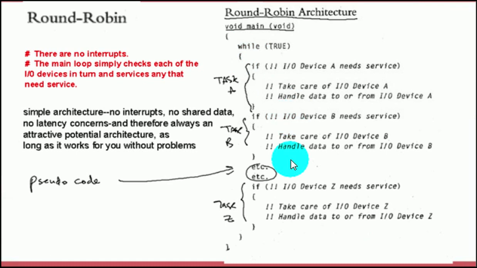This is the main loop, while true in general C, or in Arduino you can say loop, and simply it will go on and on forever. So this is an infinite loop, and we have 3 tasks: task A, task B, task C, running all the time.